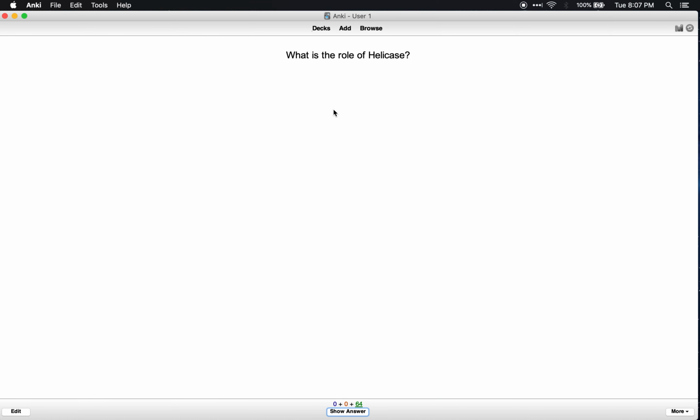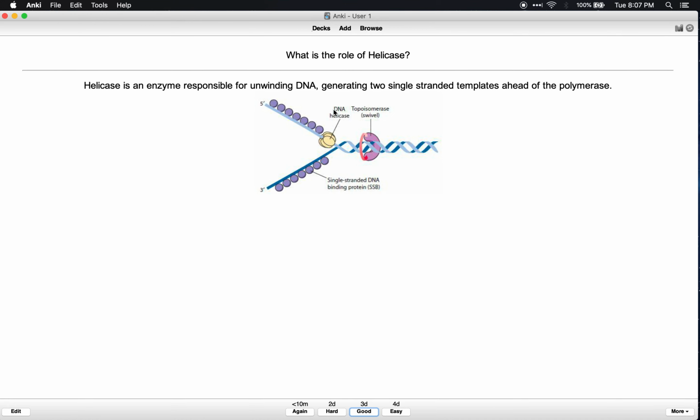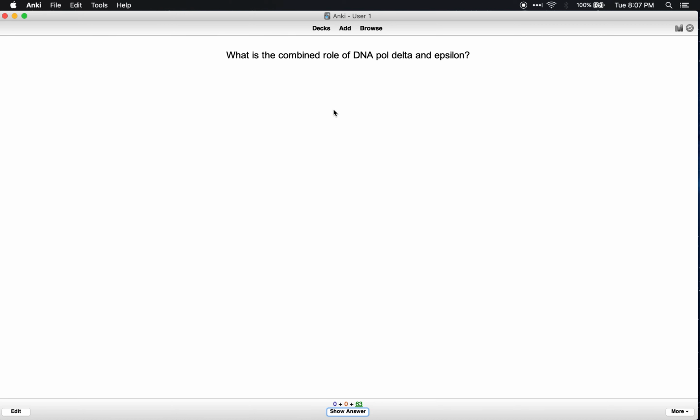Helicase will unwind the DNA in front of the DNA polymerase as it moves down. What's the combined role of DNA Pol delta and Pol epsilon?